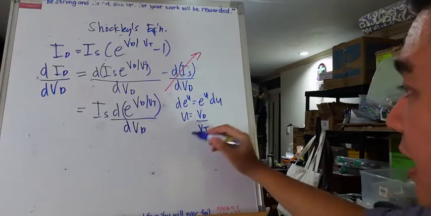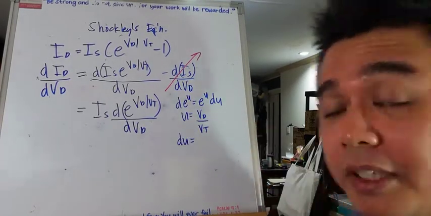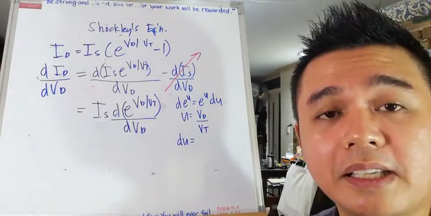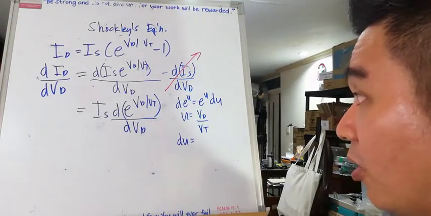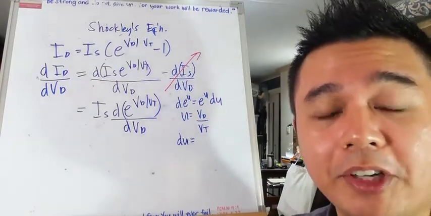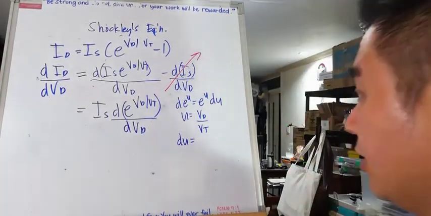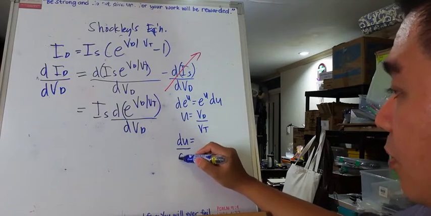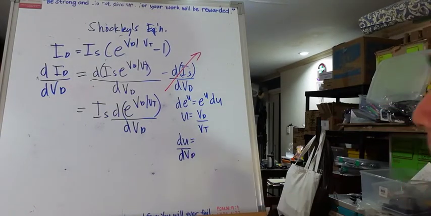Alright? So, what is du? Or the derivative of u? Remember, di ba ang ating V sub D is a variable and V sub T is a constant. So, later on, kukunin natin yung value ng V sub T for the common temperature of electronic circuits in an enclosed system. Right? This is taken with respect to the change in VD.